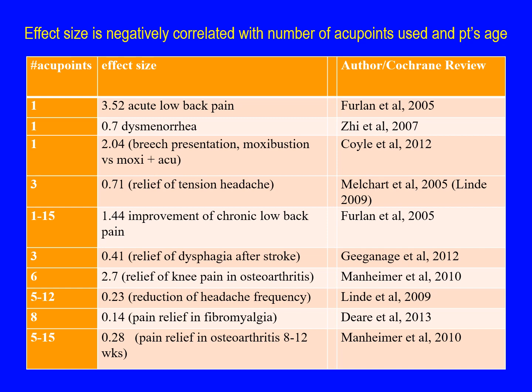And the organizer model can explain why, when relatively few acupuncture points are used on relatively healthy young patients, the effect size tends to be large or moderate, while when more acupuncture points are used in frail elderly patients, the effect size of the acupuncture tends to be on the low side.